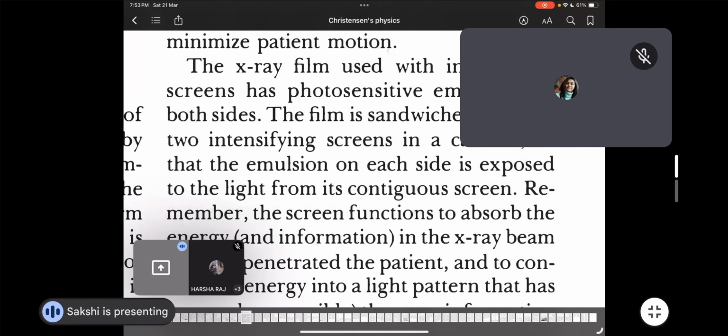Okay, now they are saying that the X-ray film which we use with an intensifying screen has to be both sided. Emulsion should be both sided. Why? Why both sided?